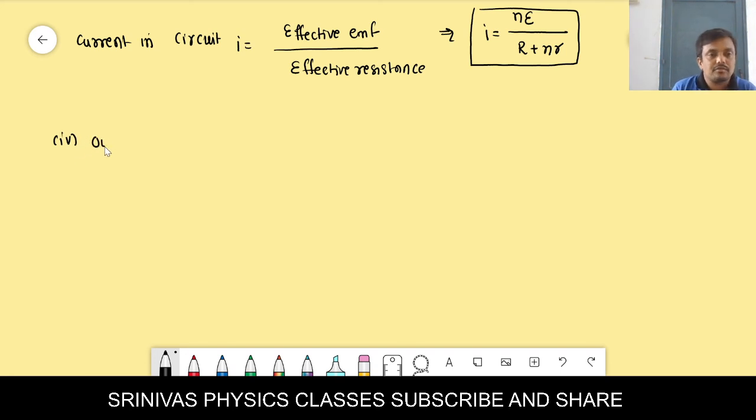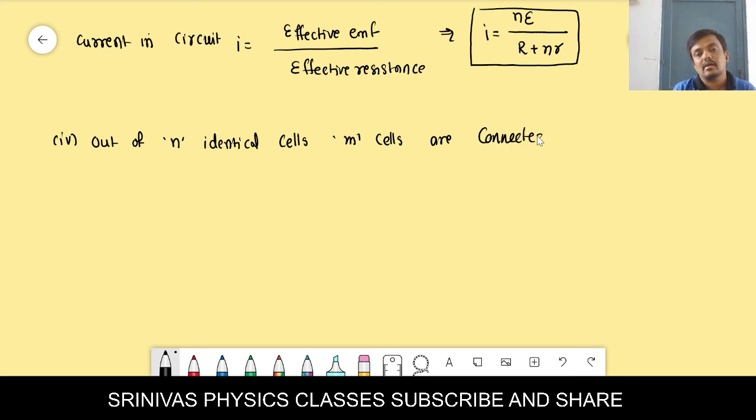The fourth point is that out of n identical cells, m cells are connected wrongly in series.